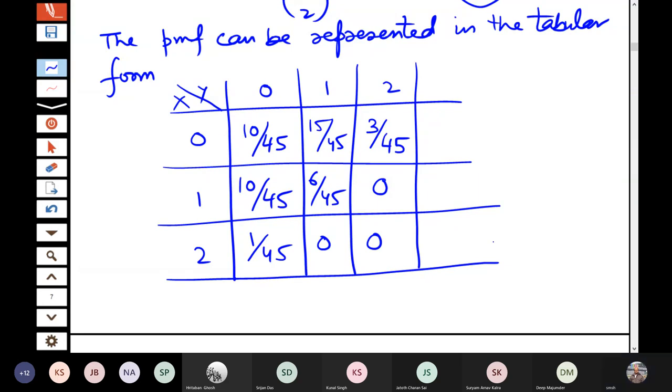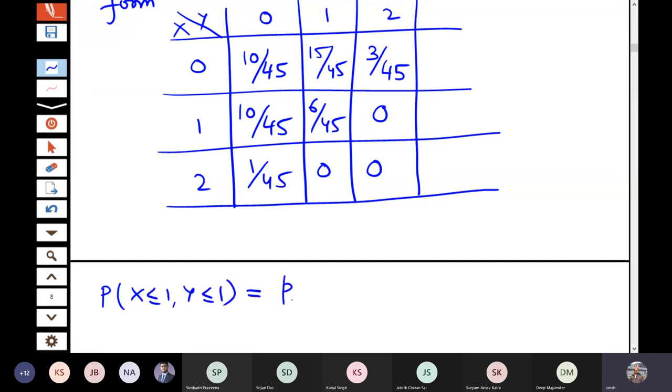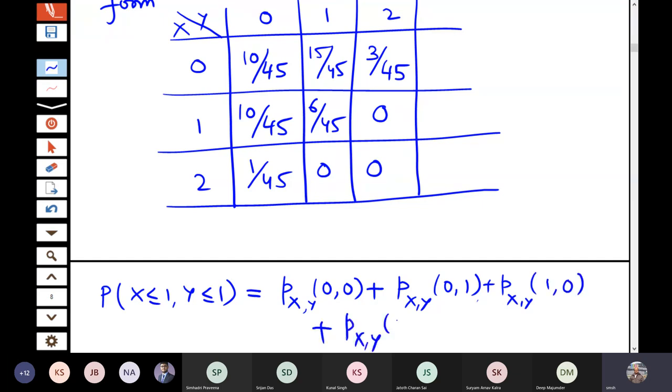From here we can evaluate any probability which we require. For example, if I want to ask what is the probability that x is less than or equal to 1 and y less than or equal to 1, then it means you are calculating the probability of xy equal to (0,0), (0,1), (1,0), and (1,1).